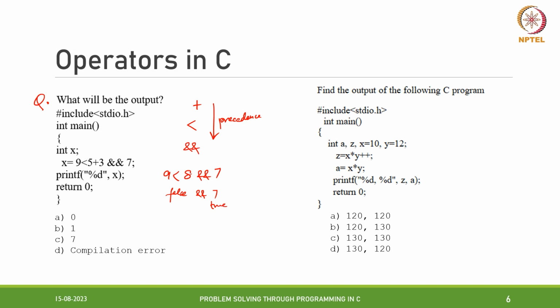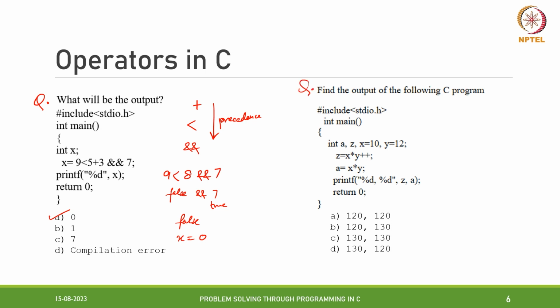So false and true, the logical and will not give true unless both are true. Because one of them is false, this will give false, and we are storing the false in an integer x. So you'll get option A, that is 0, as the answer. False means it's going to be 0.